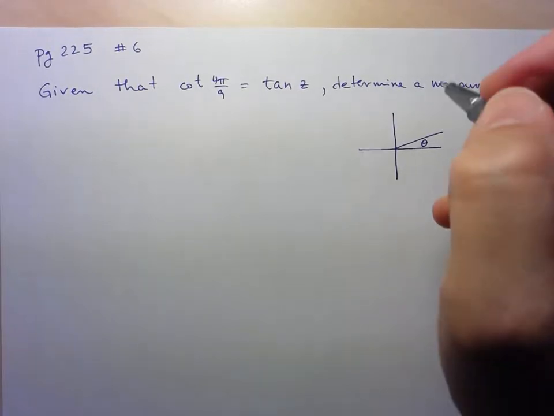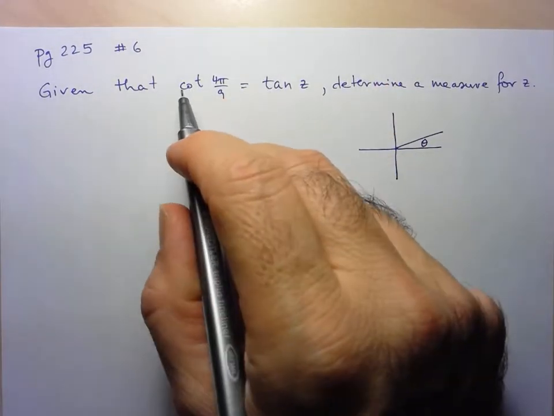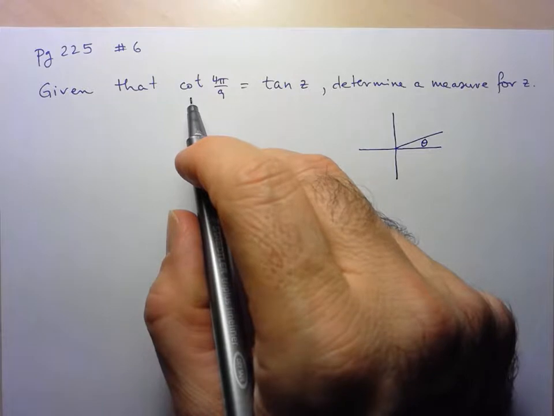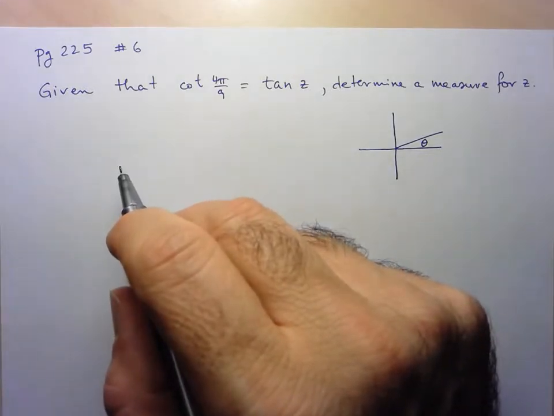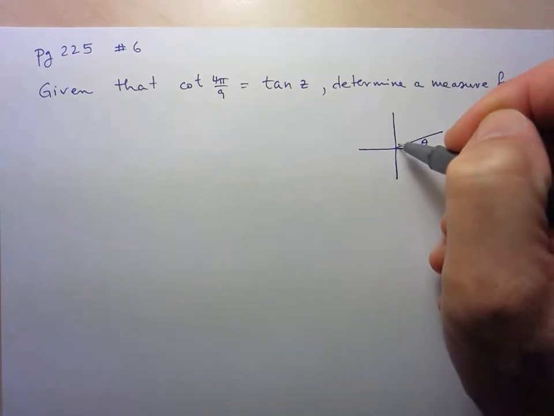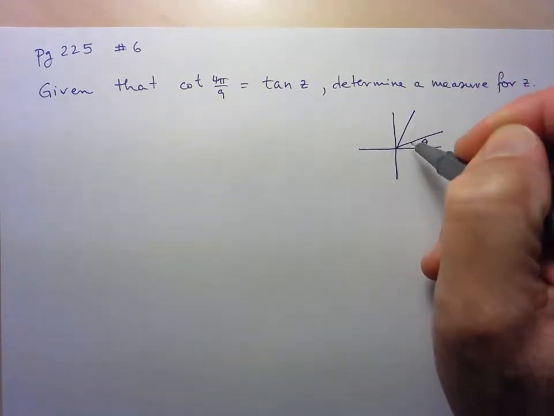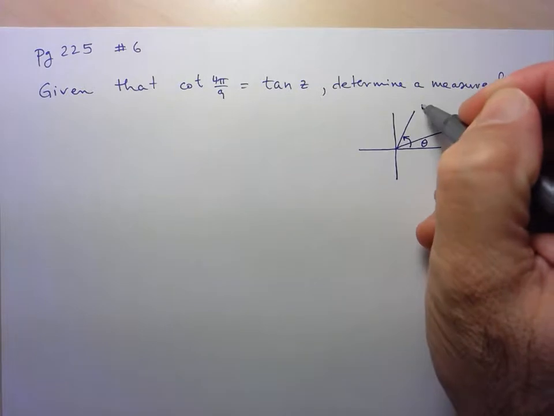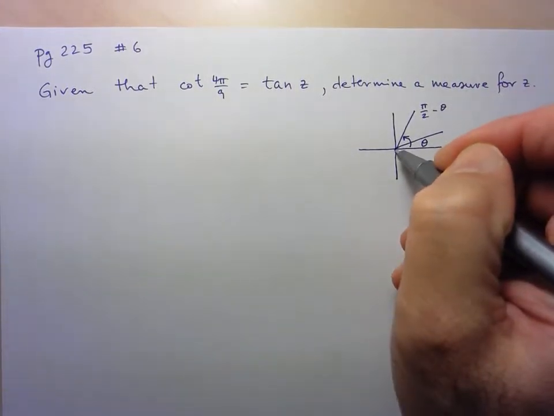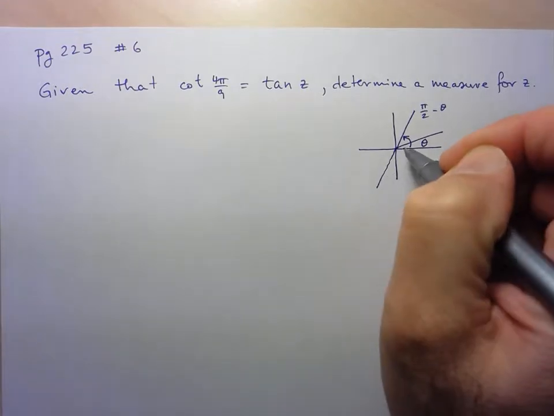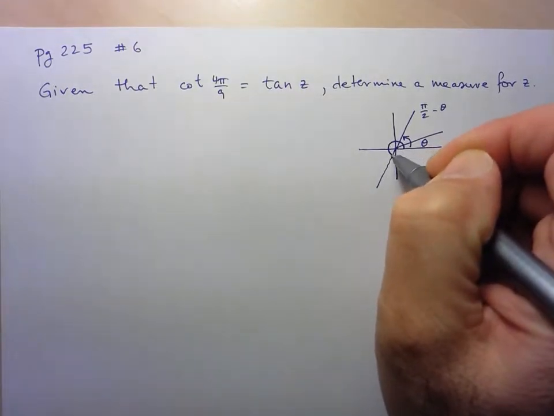I know that for cotangent and tangent to be equal and not negatives of each other, they have to have positive signs in those quadrants. So I'm going to have one possibility in the first quadrant, which is going to be pi over 2 minus theta, and then I'm going to have the possibility in the third quadrant, where cotangent is also positive.